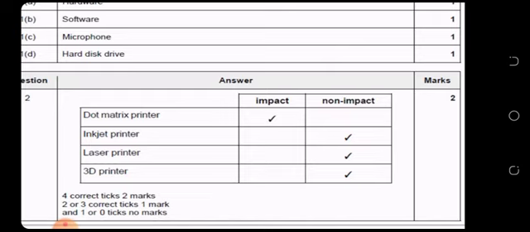If students get 2 or 3 correct, the student will get 1 mark. Then the last one: if at the end of everything the student got just 1 or 0 correct, the student will get 0 marks. So that is the analysis of this particular question. This is how it's going to be marked.